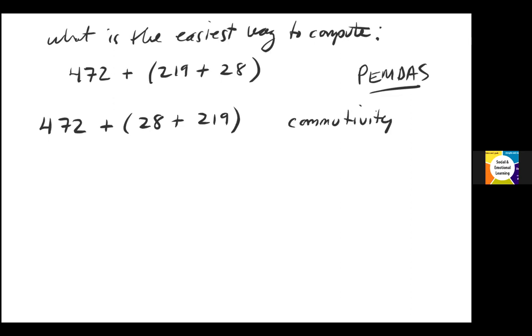That's just by the commutativity. So I've switched the order of these. And then by the associative property, I could say that this is equal to (472 plus 28), all in brackets, plus 219.